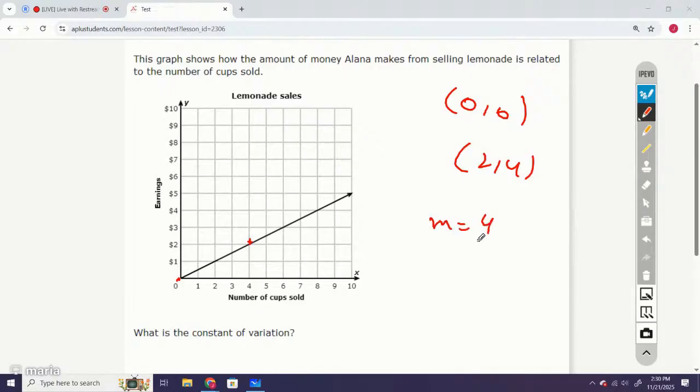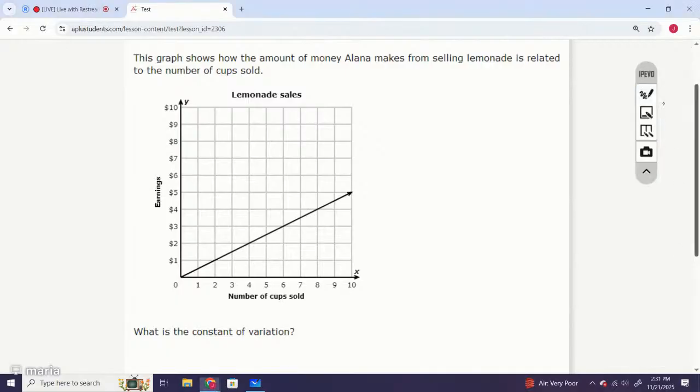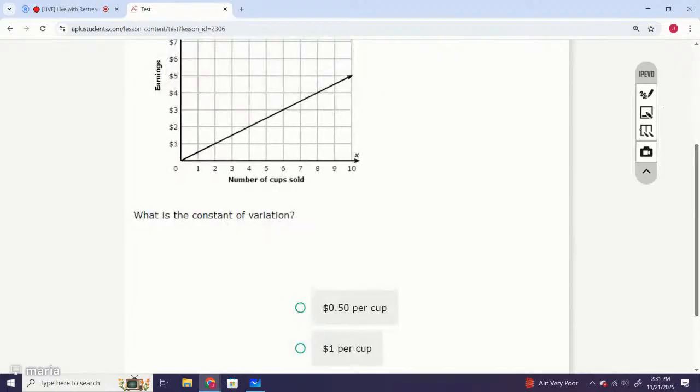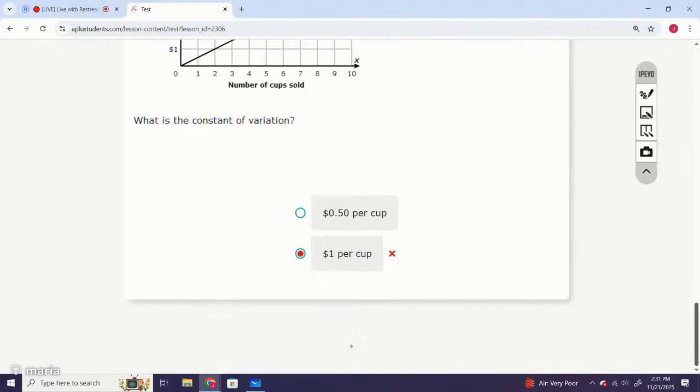We calculate the slope, that is 4 divided by 2 equals the option number. The constant of variation is $1 per cup. Oh, 0.50, it is not 1 per cup.